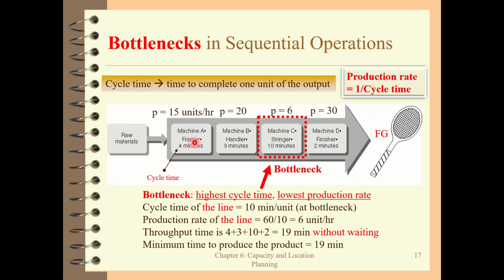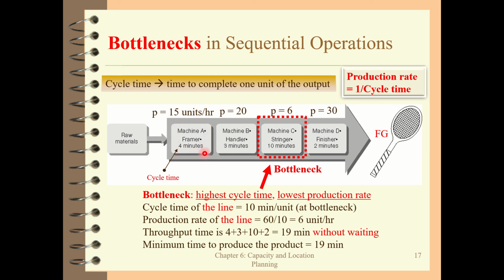By using four workstations or four machines or four processes. The first process is machine A, a framer, and it needs 4 minutes to complete the operation. That is the cycle time of this machine.